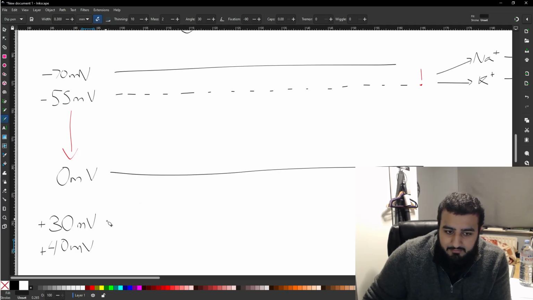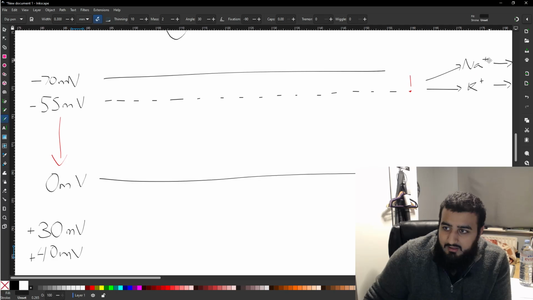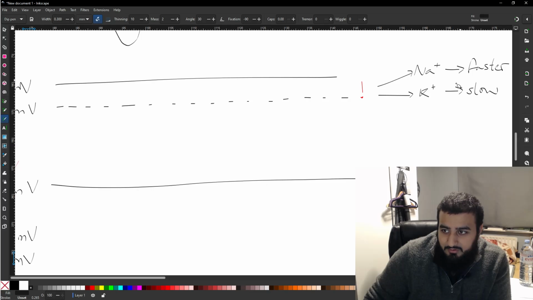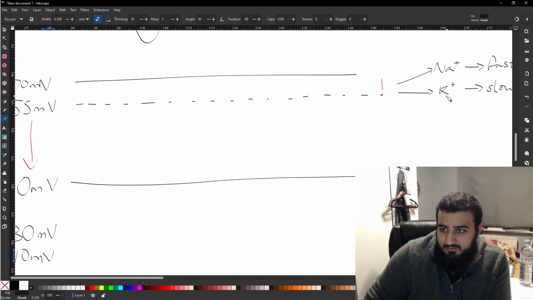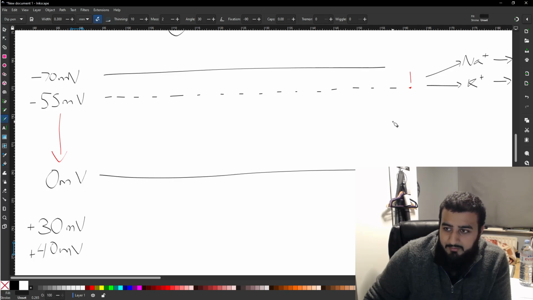And at this peak, the Na+ sodium channel, which is currently flooding the cell with sodium, and the K+ potassium channel, which is still slow, but has started to move ions across the membrane.